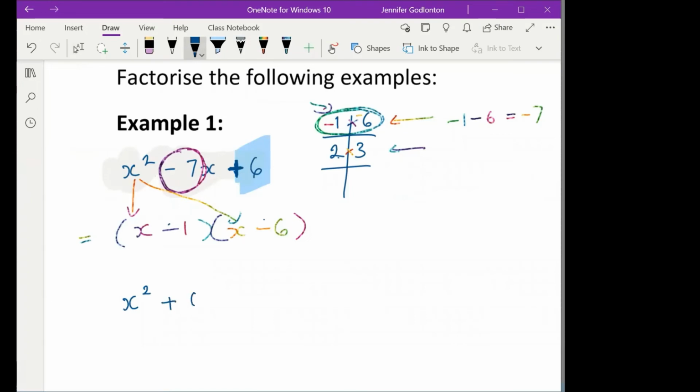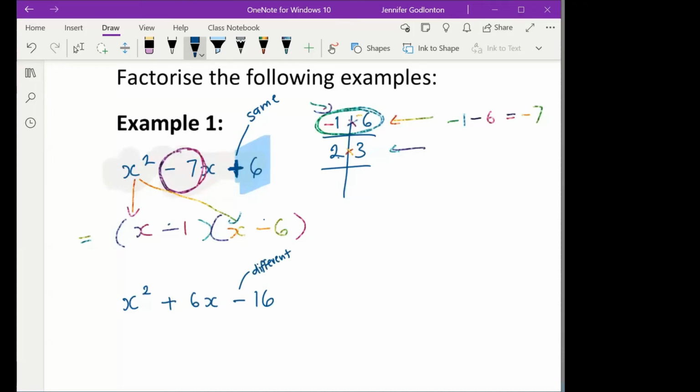Ma'am? Yeah, hello? If the sign at the back was a negative, would they both be negatives as well? If the sign at the back was a negative, then one would be a plus and one would be a minus. So this is telling me that they have to be the same, and this is telling me that my signs have to be different.